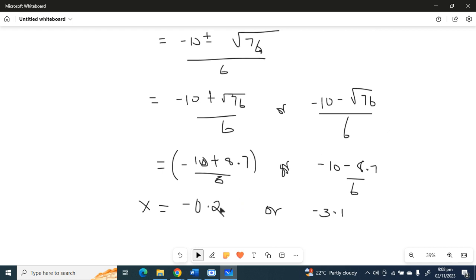Now, to find the y coordinates of the stationary points, we need to substitute these two values back into the original cubic function.